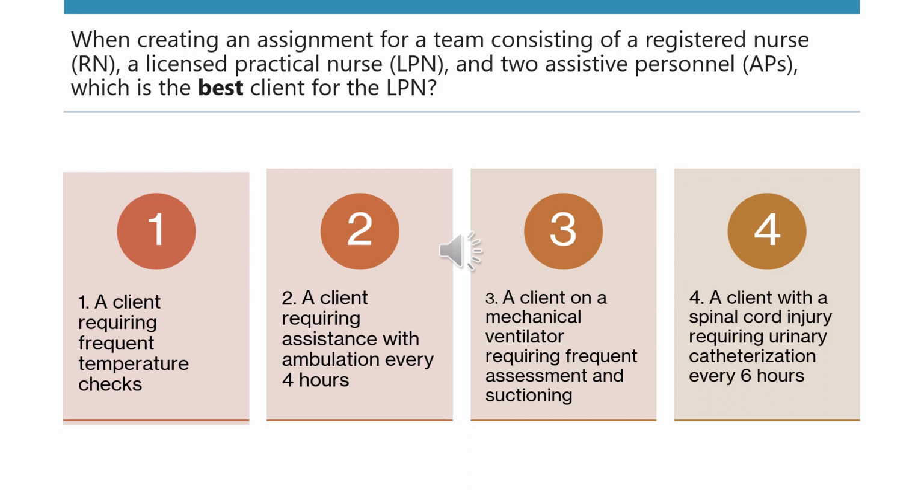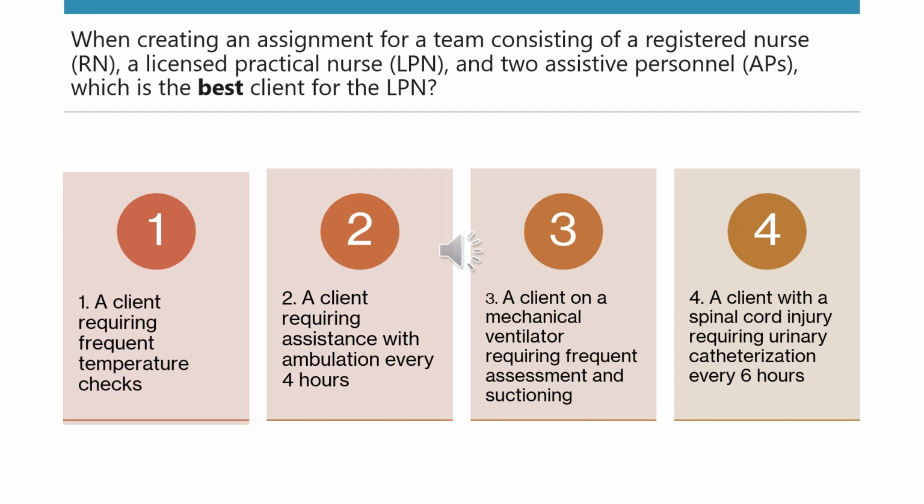Now, yes, LPNs can suction. However, this client is on a mechanical ventilator, so they have something going on there. Something more is going on, and they're not necessarily stable at this point. So let's look at what our last one says.